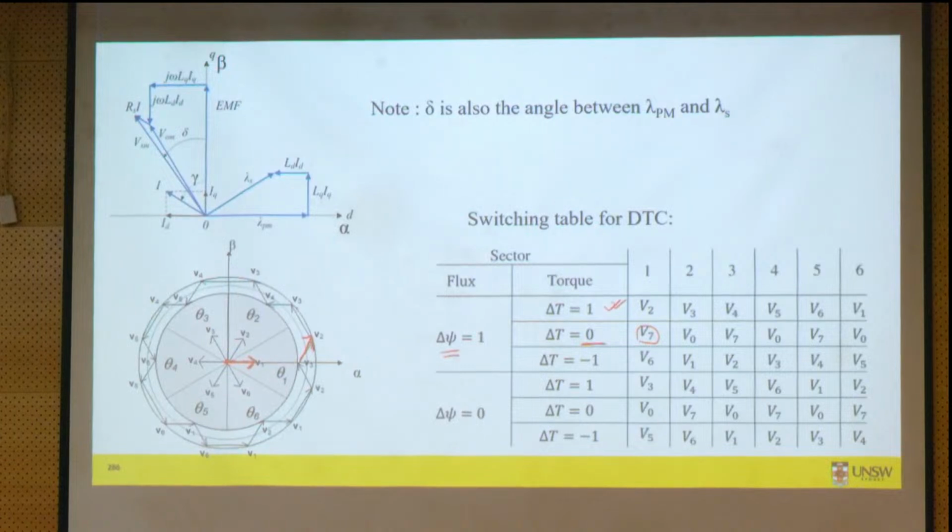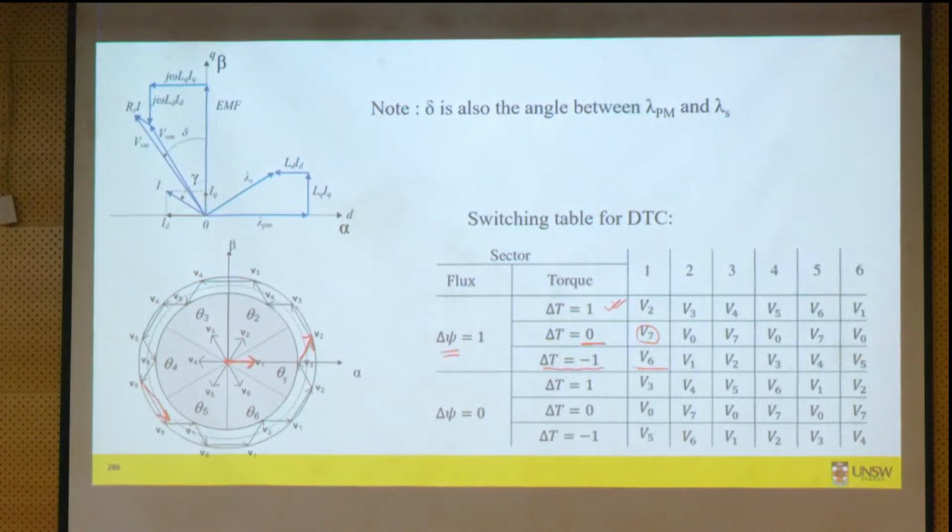If I need to reduce torque, then I apply voltage vector V6, which is opposite to V2. If you can see here, this is your V6, which is opposite of your V2. Because you want to reduce torque, you apply the vector opposite of V2, which is V6, and so on.